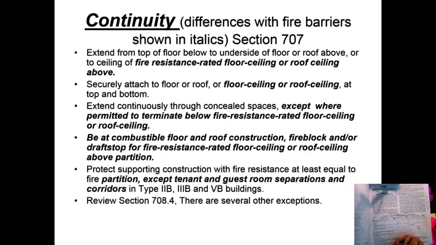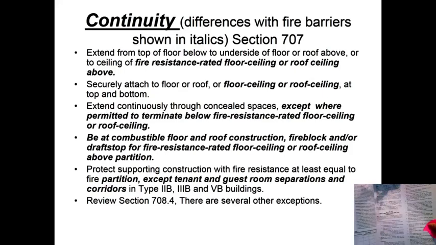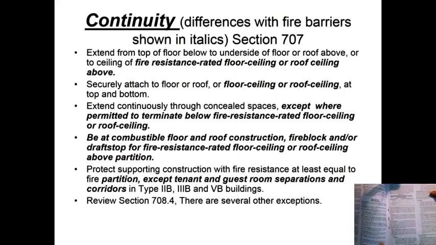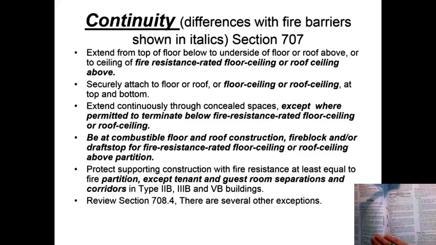Okay, I kind of want to start with a little bit of section 701. Really the whole of chapter 7 talks about fire and smoke protection features. We're going to go over all of this throughout the book, but if you look at section 707 in your book, it talks about fire barriers.